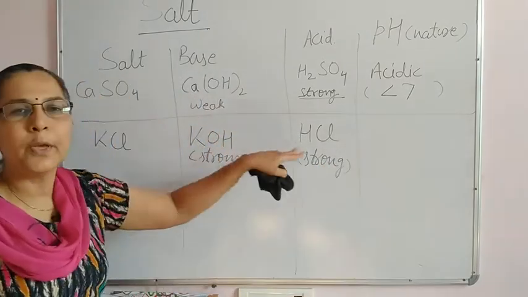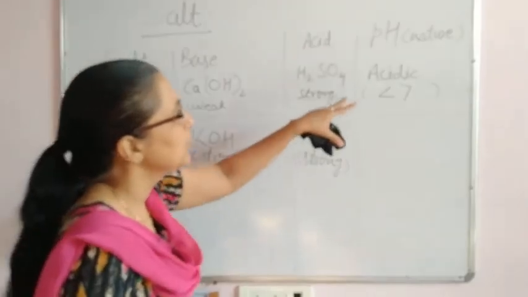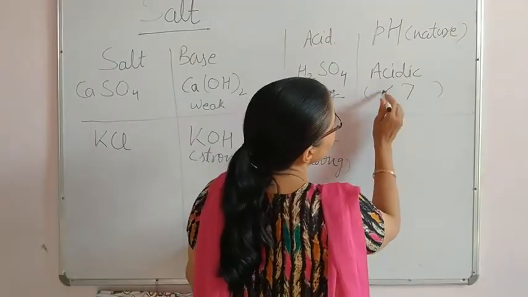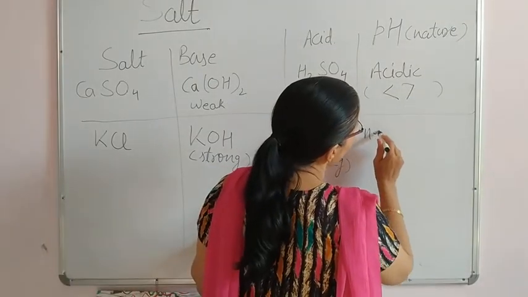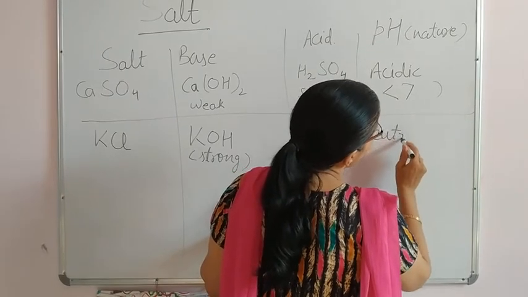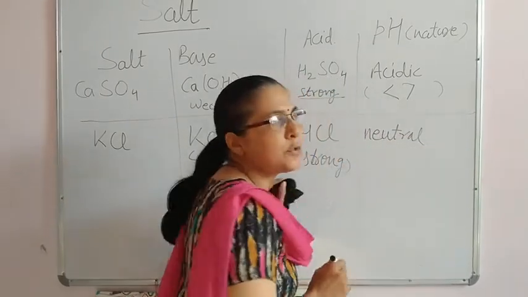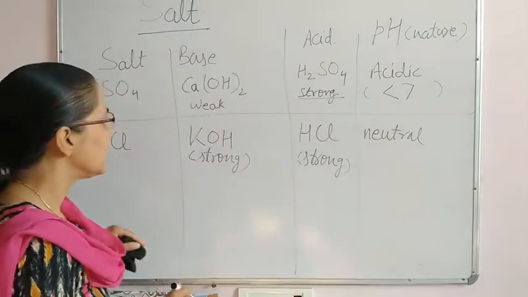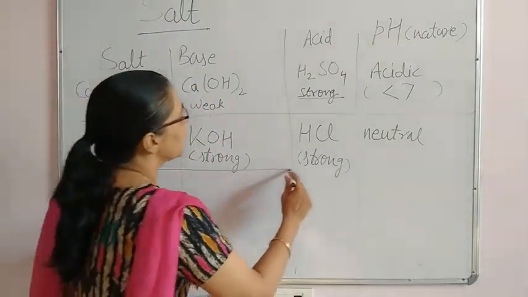If acid and base both are strong, then it is almost neutral. It means pH will be approximately 7.